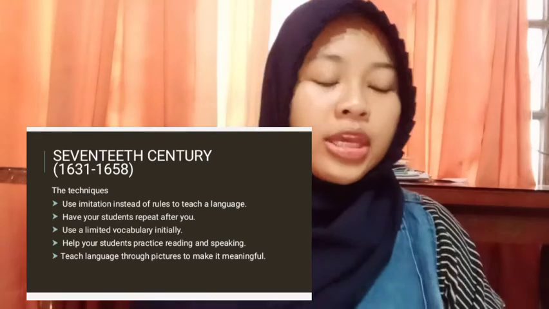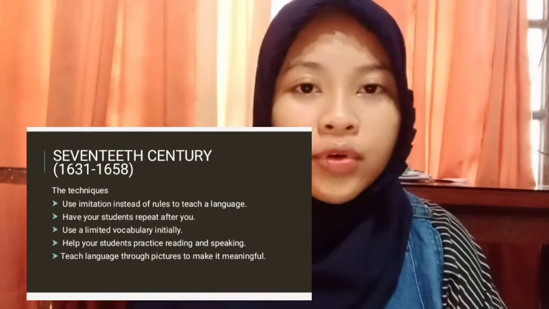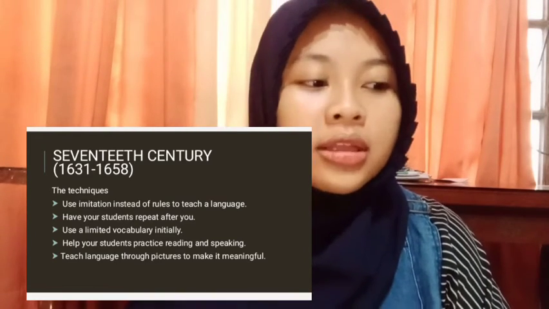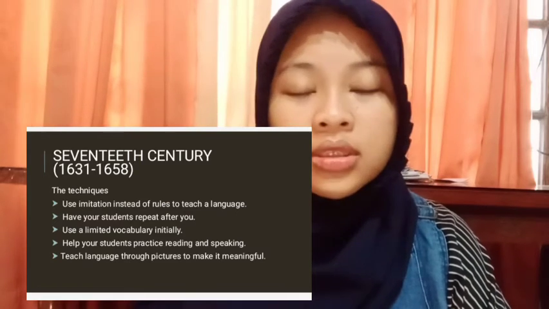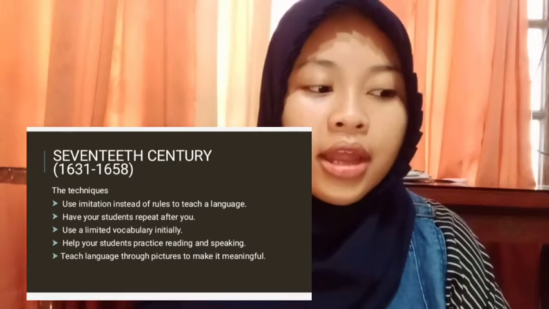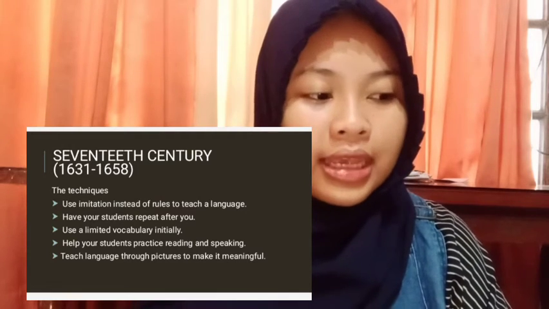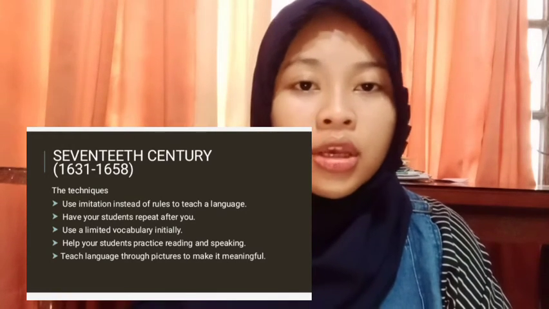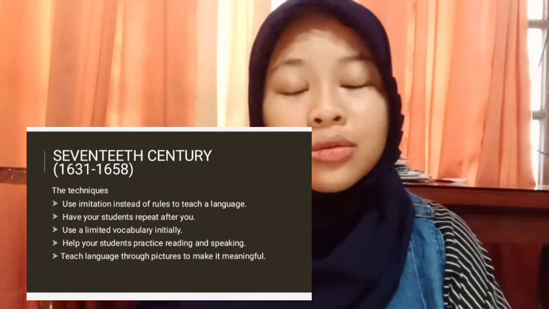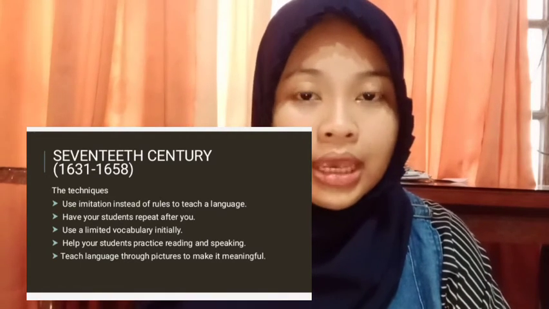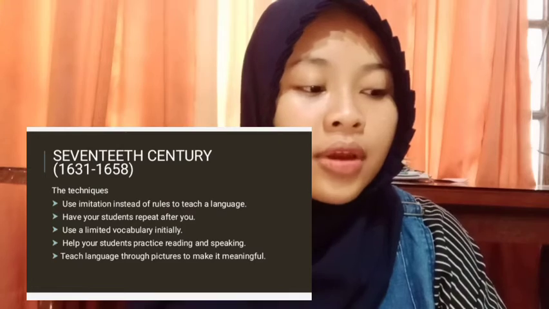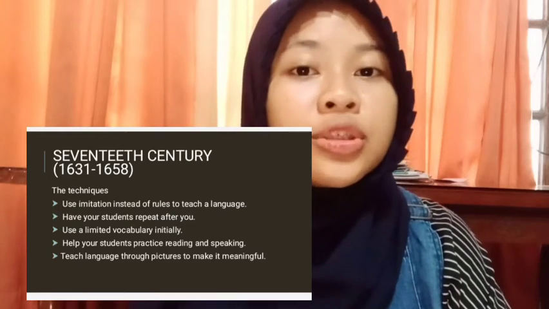The first, use imitation instead of rules to teach a language. The second, have your students repeat after you. Third, use a limited vocabulary initially. Fourth, help your students practice reading and speaking. And fifth, teach language through pictures to make it meaningful.